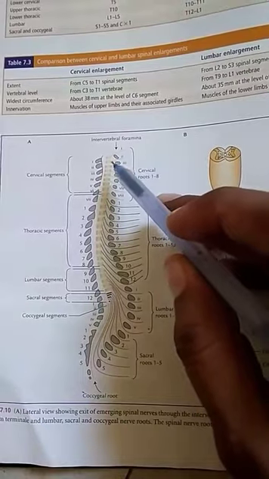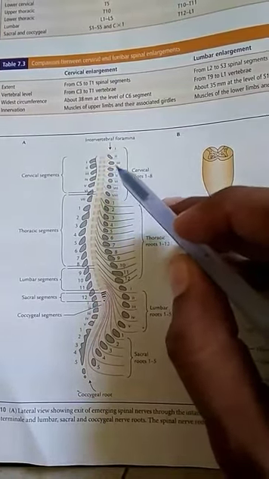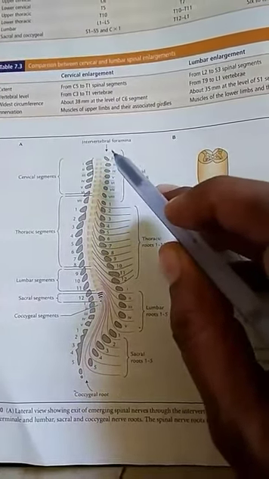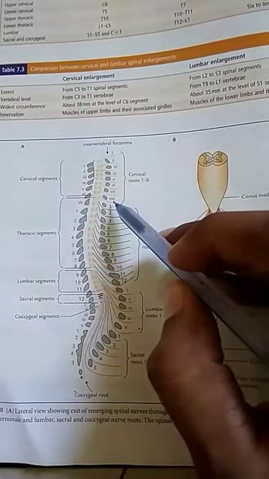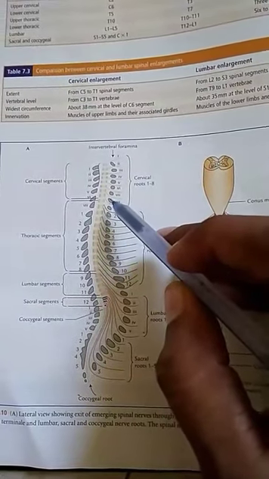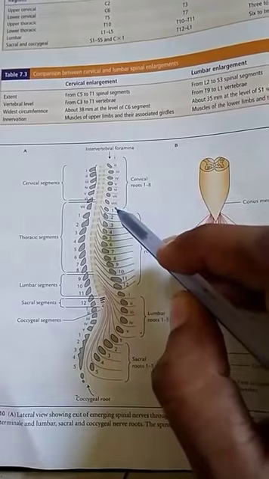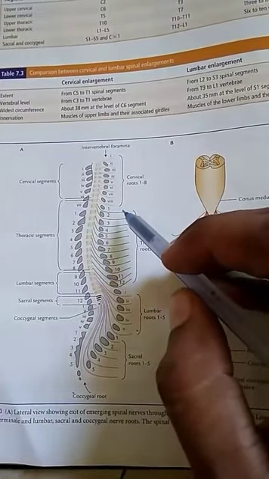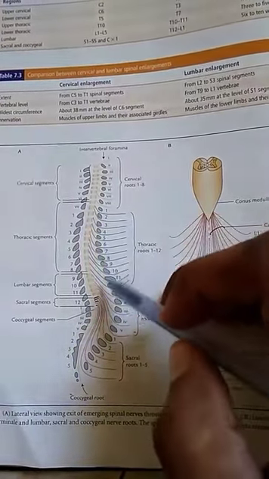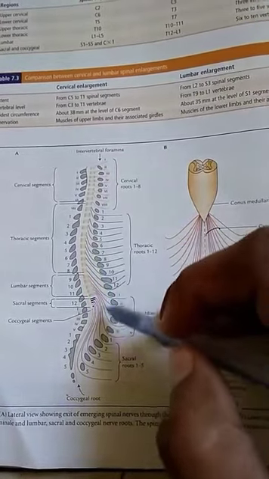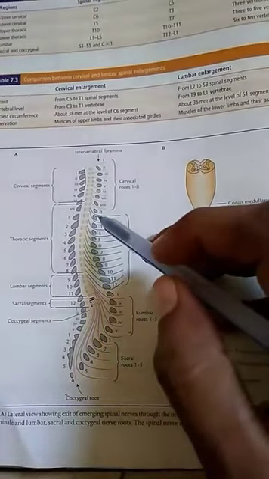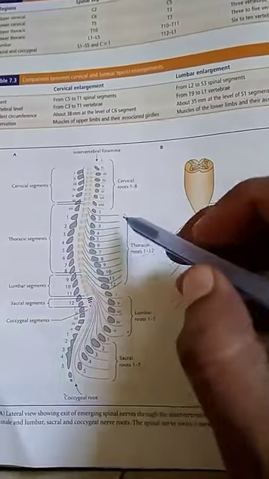All the cervical nerves leave the vertebral canal above the corresponding vertebra except the 8th one, which leaves below the 7th cervical vertebra. Below this level, the remaining spinal nerves leave the vertebral canal below the corresponding vertebra.